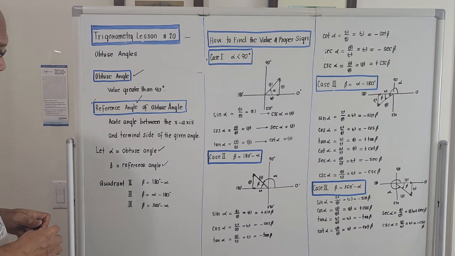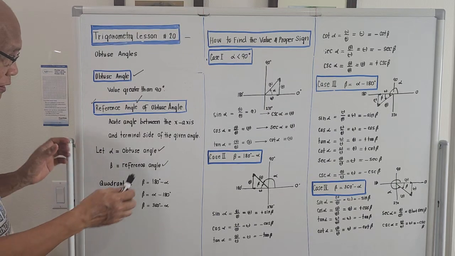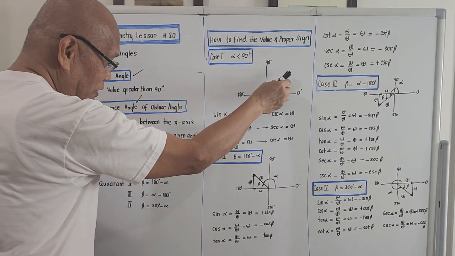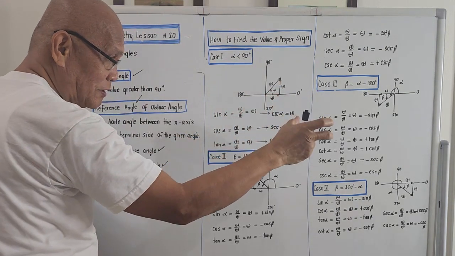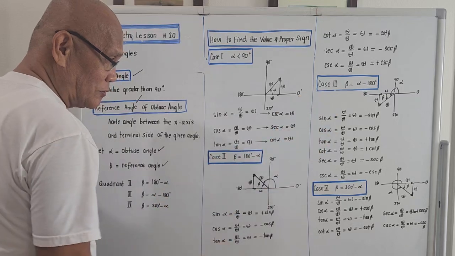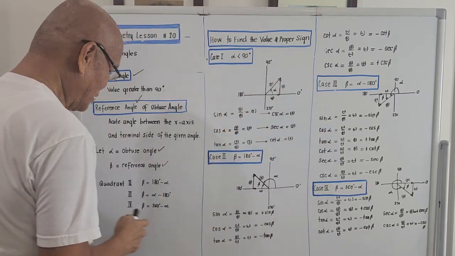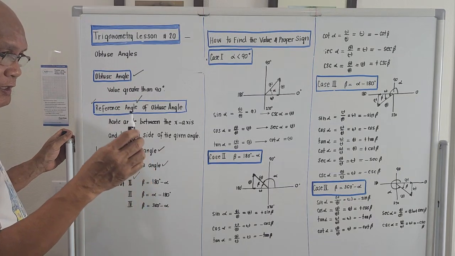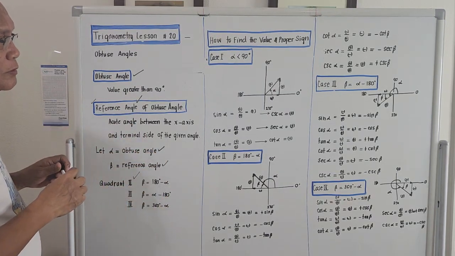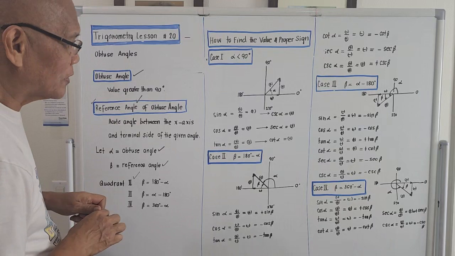Okay, for case number 1, if the angle falls under the first quadrant, alpha is not yet more than 90 degrees, so we'll go to case number 2, that is quadrant number 2. If the angle falls under quadrant number 2, where is it? Quadrant number 2, it will be this.